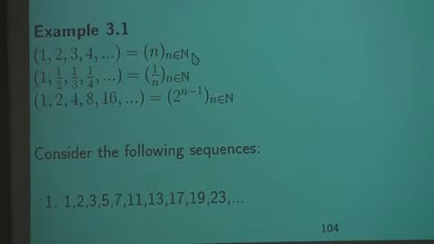And now my question is, how does this continue? What is the next number in this sequence? 25? 27? 31?